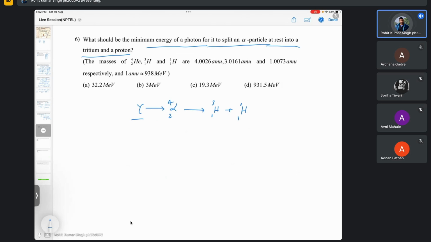But okay, the alpha particle is at rest, right?